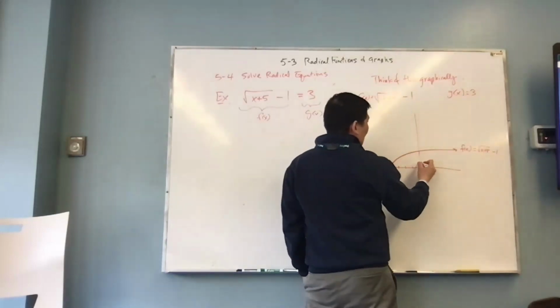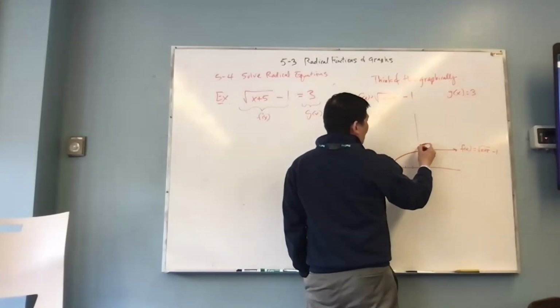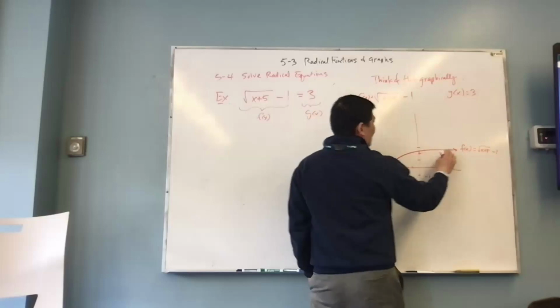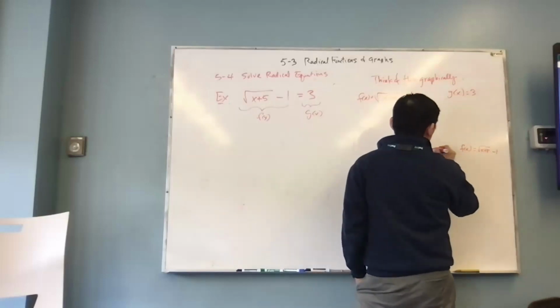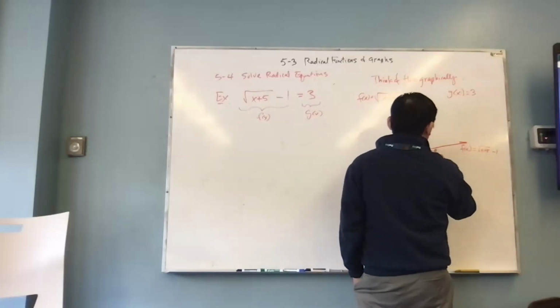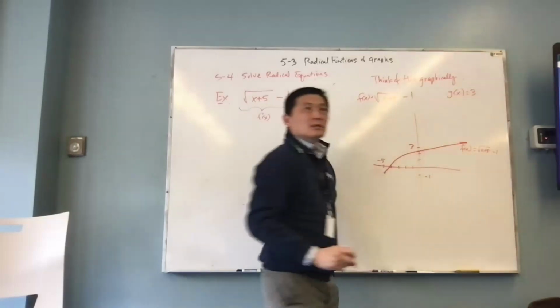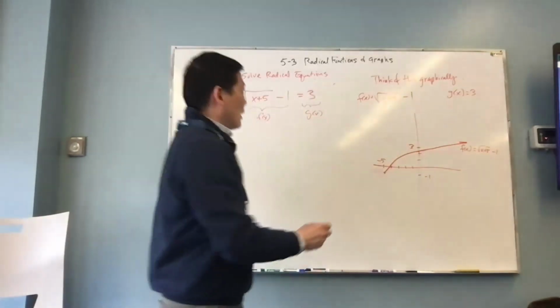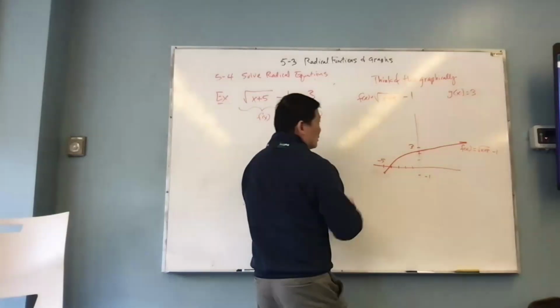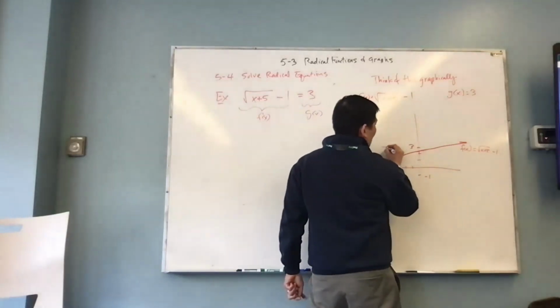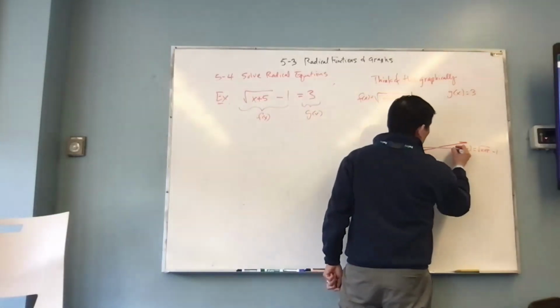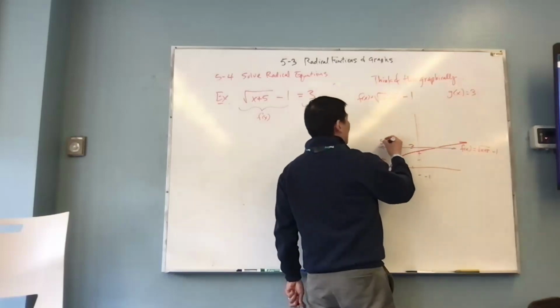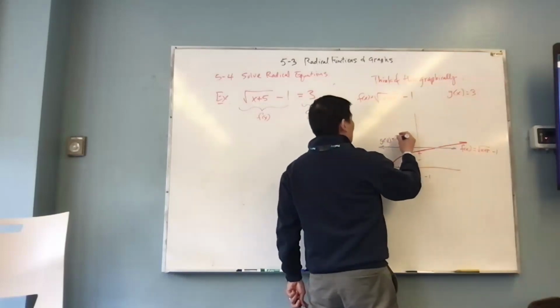So maybe 1, 2, 3. Maybe 3 right here. And then the graph, this is g of x equal to 3.